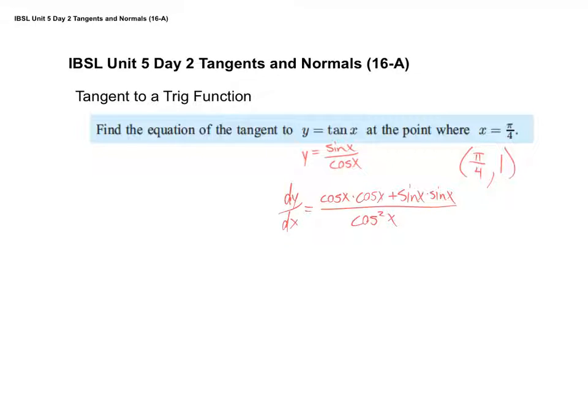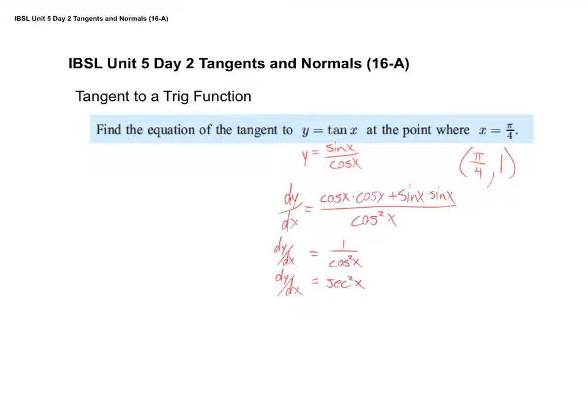Now, my top is sine squared plus cosine squared. What does that equal? 1. Okay? So this is 1 over cosine squared, which happens to be secant squared. Now, the reality of this is, this next to last step is probably the one that we're going to use.